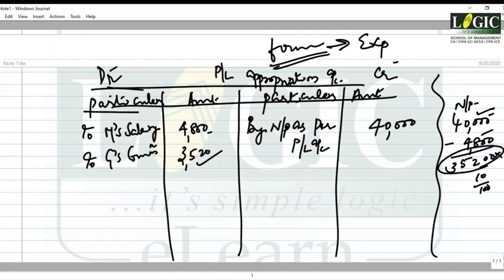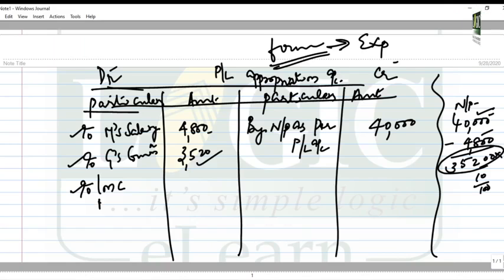Now, next is 7% interest will be allowed on partners' capital. So, interest on capital is payable by the firm to the partner, which is an expense to the firm. Now, M's salary is an expense to the firm. G's commission is an expense to the firm. Interest on capital is payable by the firm to the partner. So, how much is it?